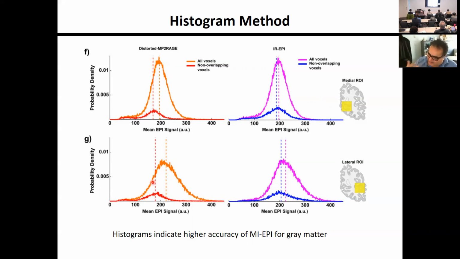So it makes sense, but of course this is not a proof. I would say it's consistent with all the arguments we have why distortion matched EPI should be more faithful in gray matter segmentation. Okay.